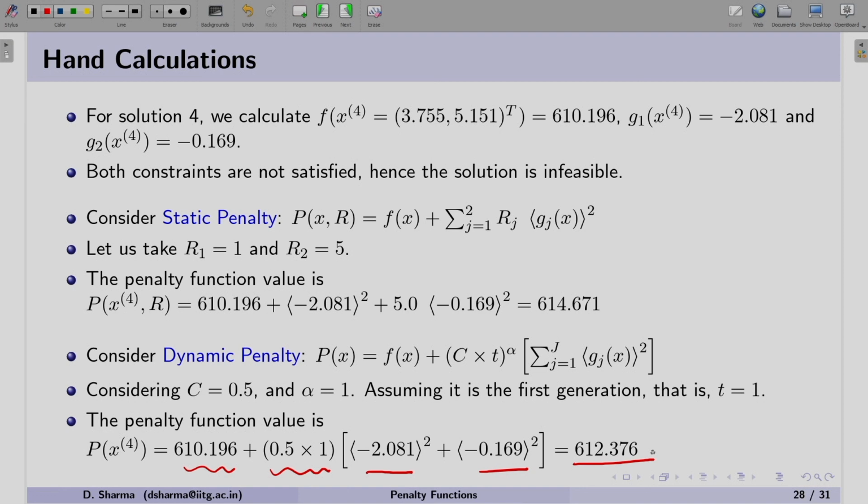So, from these scenarios, you can see that we are adding the penalty corresponding to the constraint violation only. Whether it is the first constraint, the second constraint or both, when they are not satisfied, their constraint violation is added into the objective function, and we find the penalty function value for the given solution.